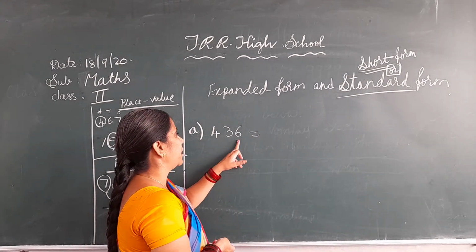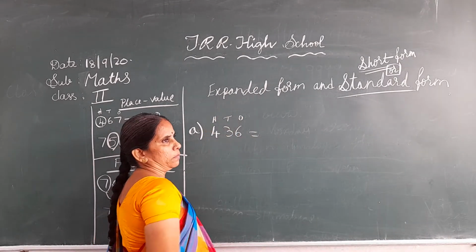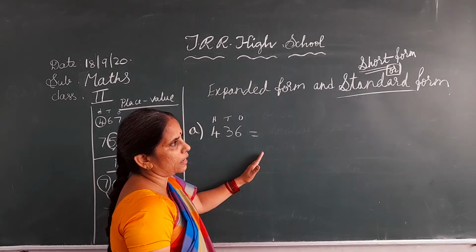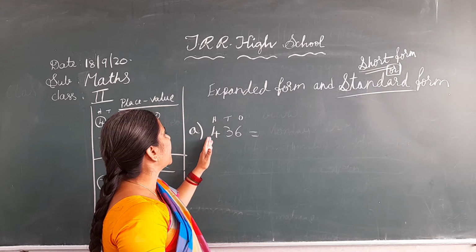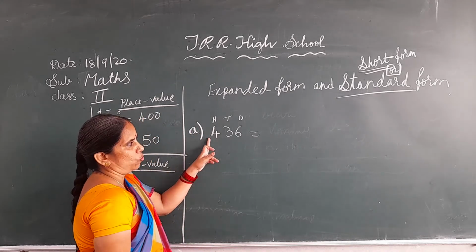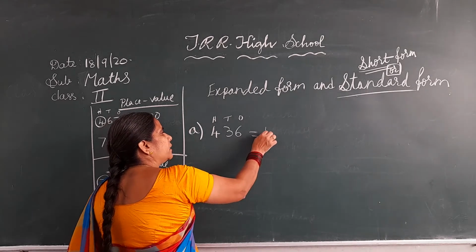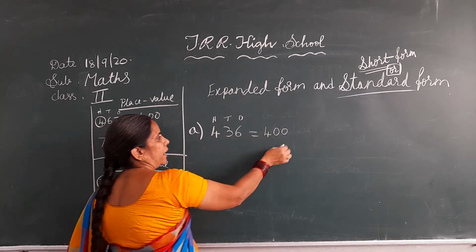This is the ones place, this is the tens place, and this is the hundreds place. From where will you start? From hundreds. Which digit is in the hundreds place? 4. So what will you write here? 400 plus.